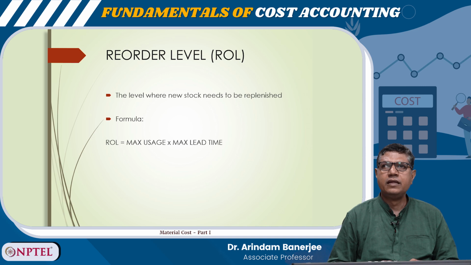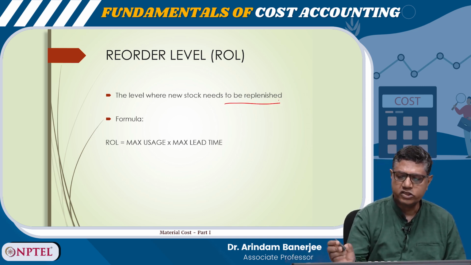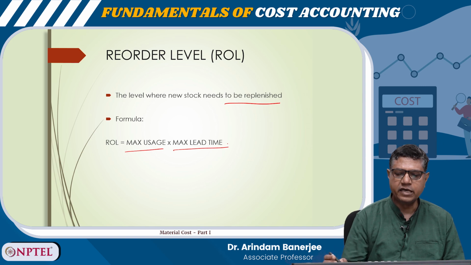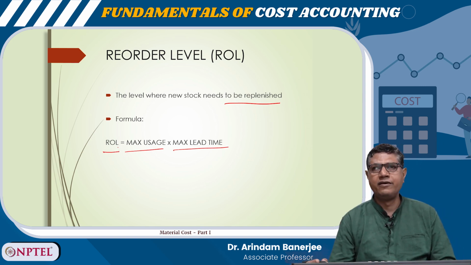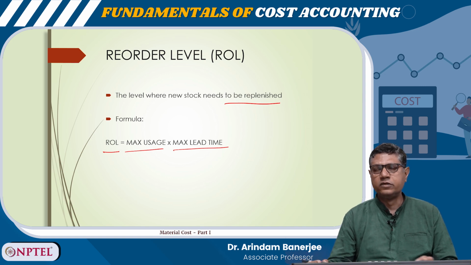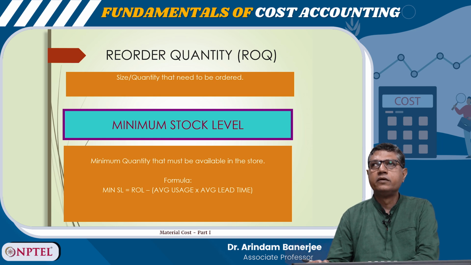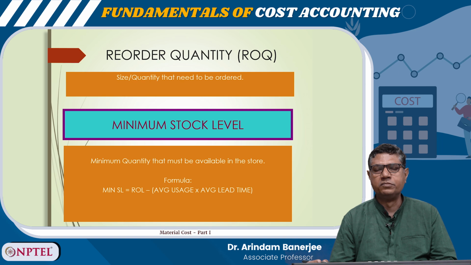Reorder level: the level at which new stock needs to be replenished. So, what is the formula? Maximum usage into maximum lead time is equal to reorder level. Okay. So, this is the formula for the reorder level. Reorder quantity: how much I need to order.